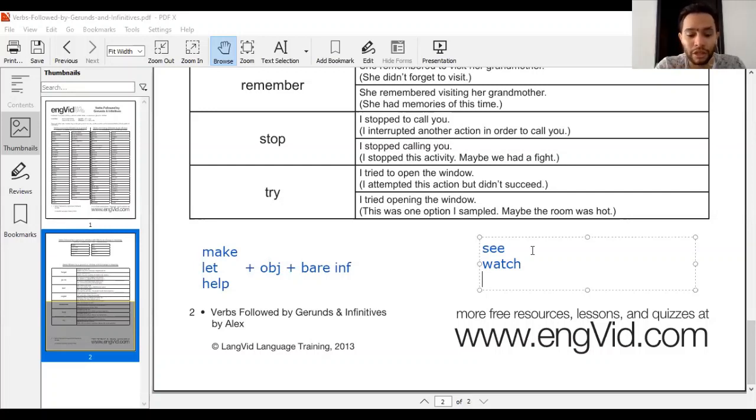See, watch, here. All right, these three words plus ing or bare infinitive.